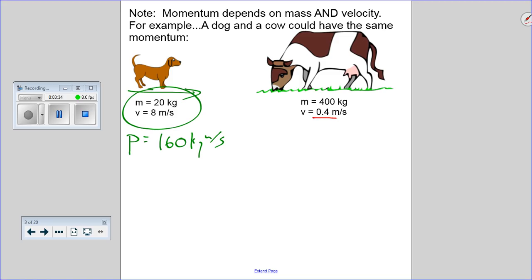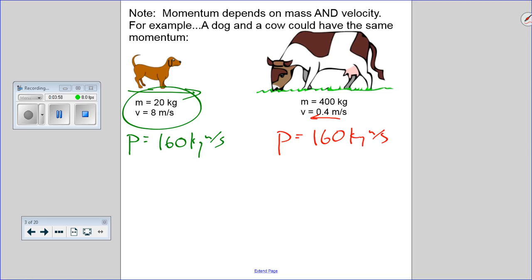She's only going at 0.4 meters a second. So her momentum is mass times velocity, so 0.4 times 400 gives you, again, 160 kilogram meters a second. So both animals have the same momentum.